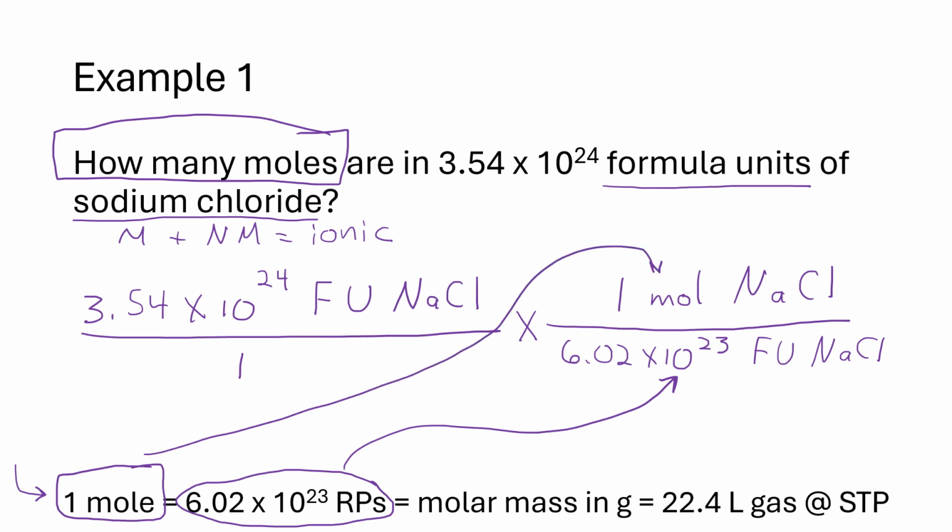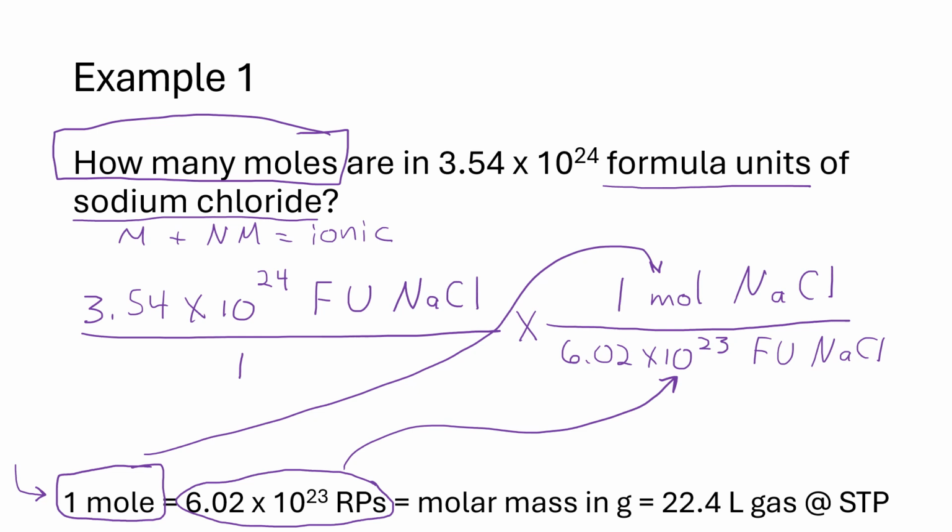Now, if I run that through my calculator, remember we're going to use the EE key for scientific notation. So I'm going to have 3.54 EE 24 times 1. Actually, I didn't have to type in the times 1 because that doesn't change things any. And then divided by 6.02 EE 23.